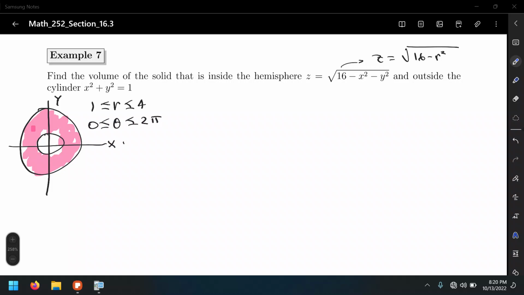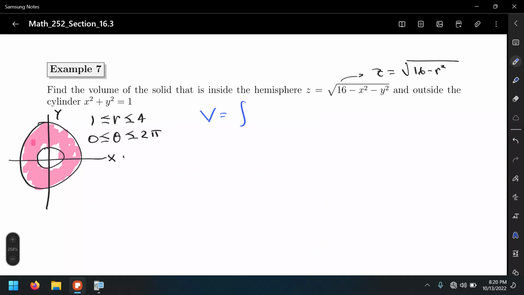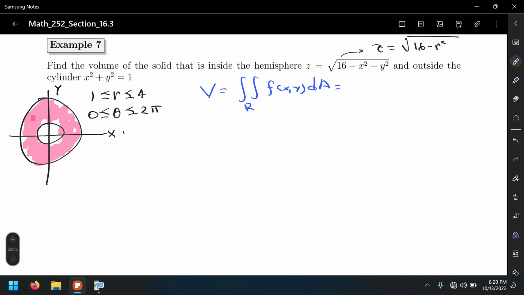And we can start already setting up the integral to find the volume, which is the double integral over the region R of f of x y dA, but we're going to change this to the world of r theta. f of x y is going to become f of r theta, which in this case is the square root of 16 minus r squared, r dr d theta.